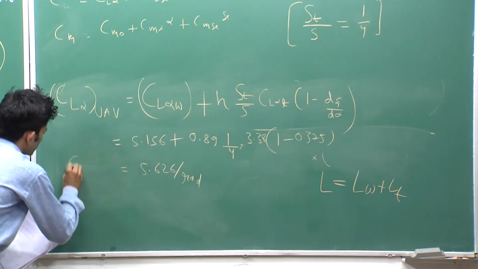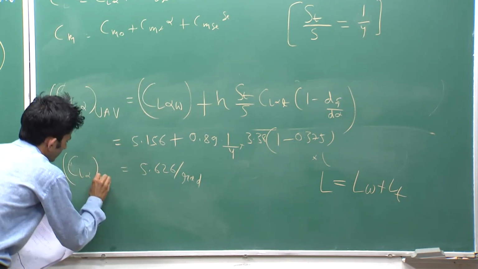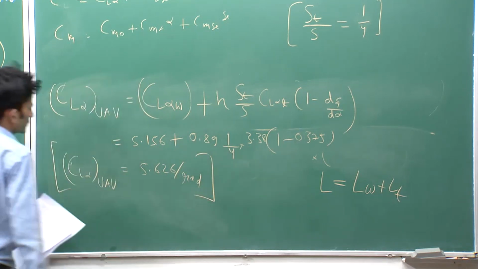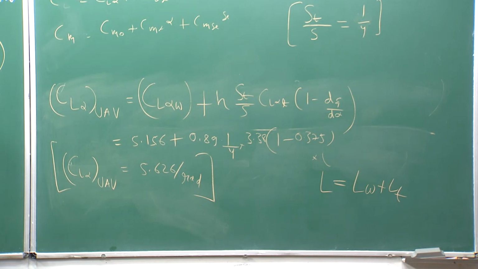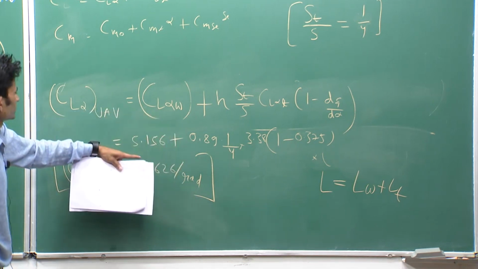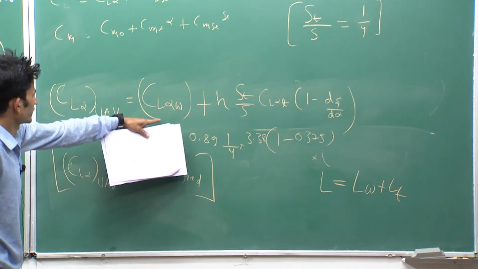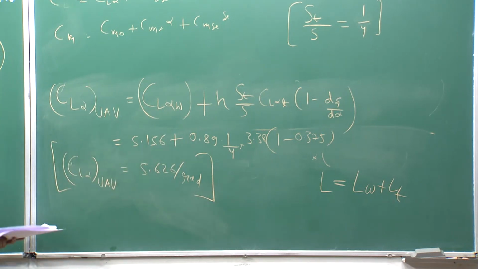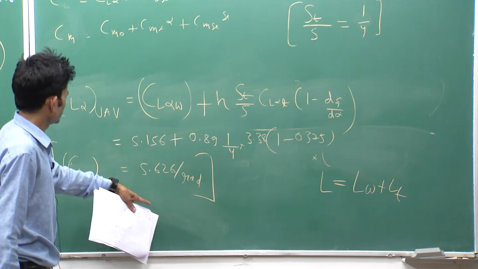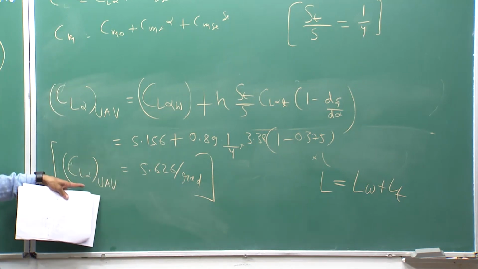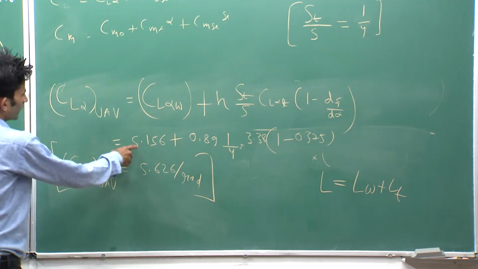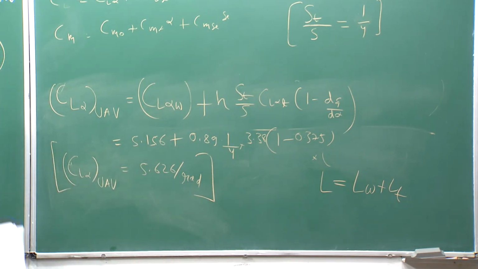This is nothing but CL alpha of the complete UAV. Earlier, with no tail, the lift curve slope was 5.156, but if you add the tail, the total lift curve slope of the UAV will increase: here is 5.156, here is 5.626 per radian.